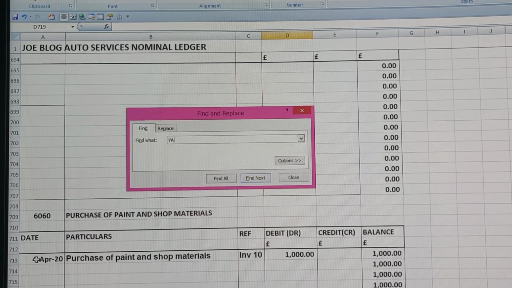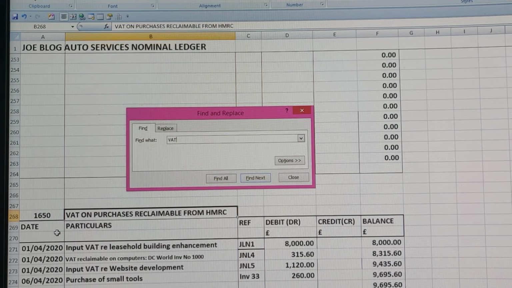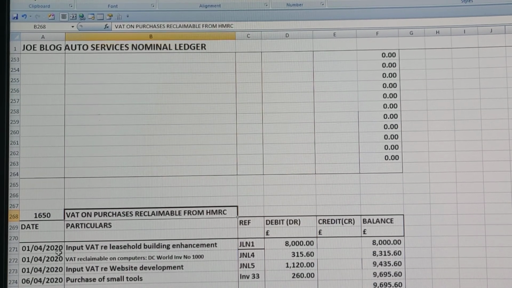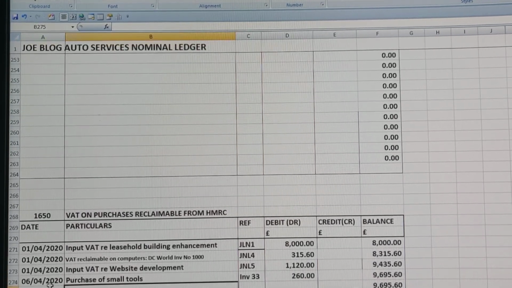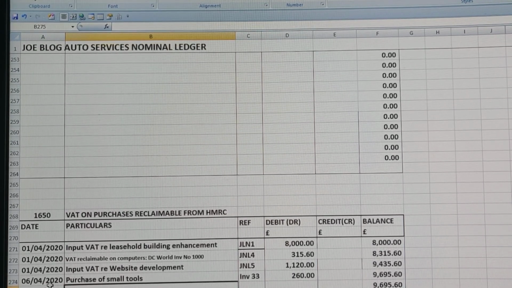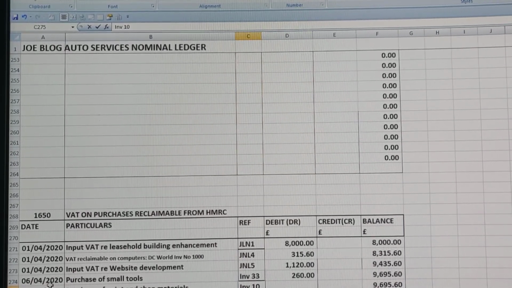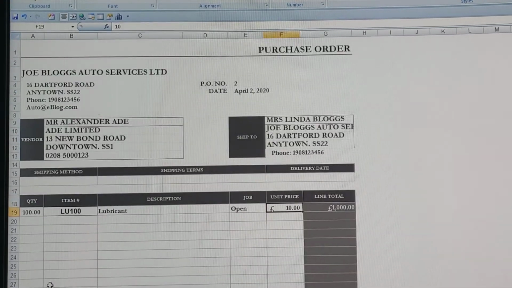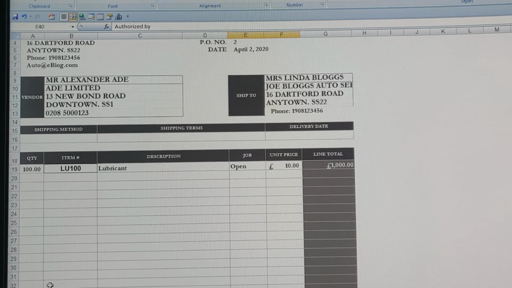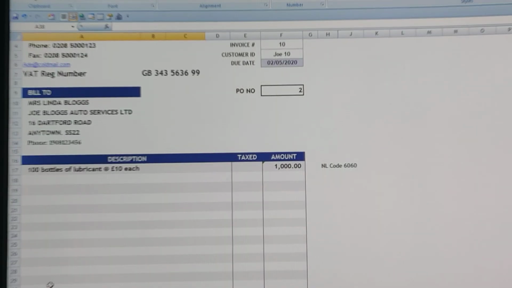The VAT element, which is reclaimable, is just £200. 04/04/2020. Purchase of paint and shop materials. Okay, invoice 10, and the VAT amount is £200.